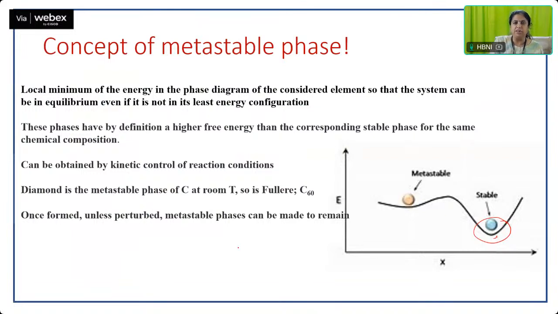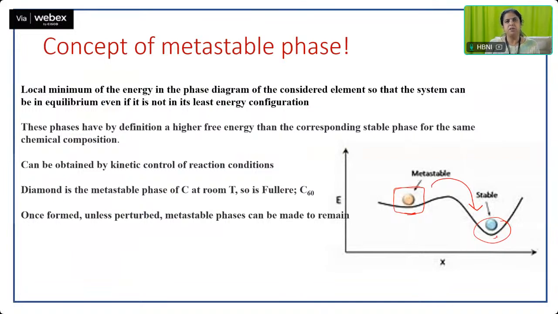But my energy landscape could have some local minima, which are not the least energy, but still they lie in some kind of a valley. So the materials that have got energy corresponding to these points are called metastable points. If you perturb them, they will eventually go back into the deeper valley and convert to a stable phase.